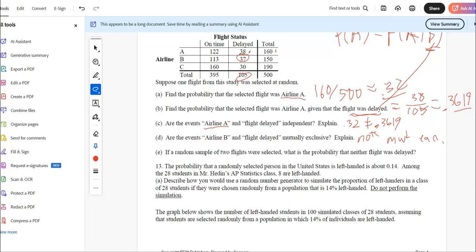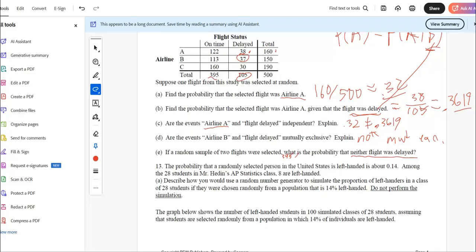So the first flight delayed would be 105. Wait, we want delayed or not delayed? If random flights, what is the probability that neither flight was delayed? Oh, so we don't want it delayed. We want it on time. Sorry, took me a second to get that. Okay.